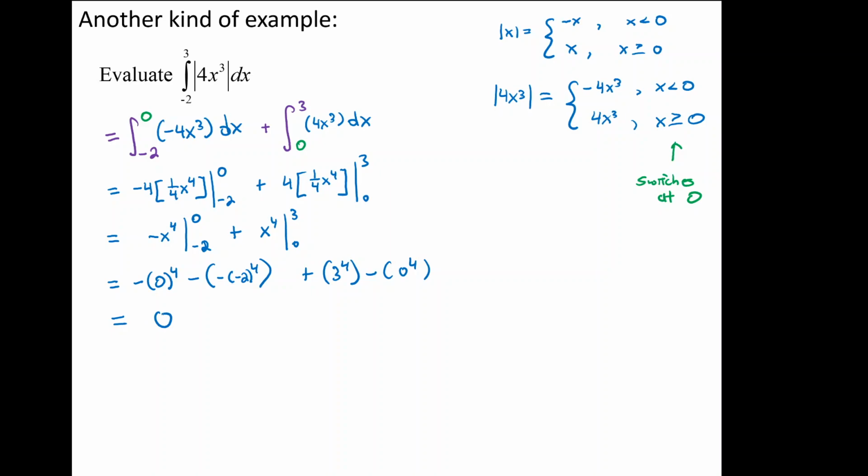Okay, so 0, and then we get 2 to the 4 is 16, and those two negatives destroy each other, so positive 16, plus 3 to the 4 is 3 times 3, 9 times 3 again, 27 times 3 again, 81. And that total answer is 97.